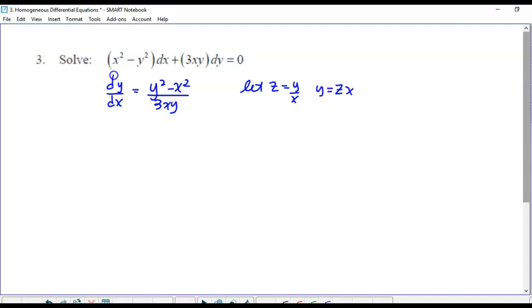And when we take the derivative dy dx in terms of z, we get z plus x dz dx. If you forget that, just differentiate that. So now y is zx.